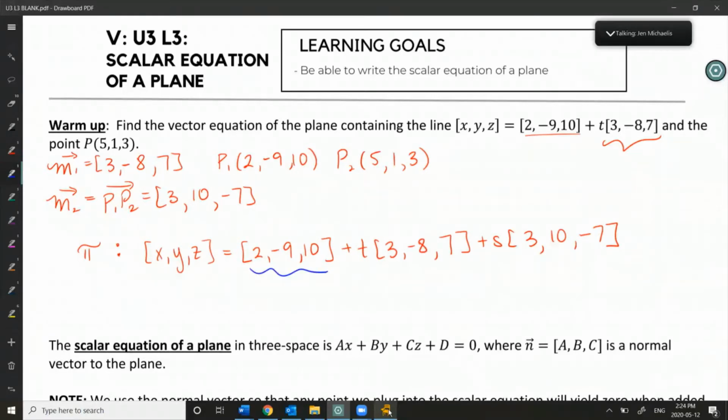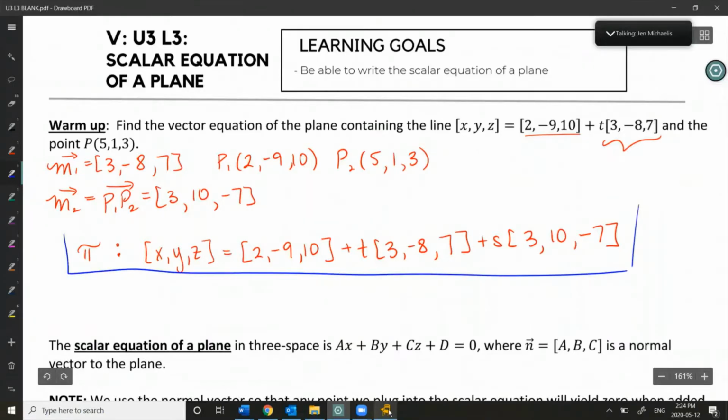You could have also used (5, 1, 3) for this. And then we have two direction vectors that are non-collinear, so they're not the same vector. And we need to multiply them by parameters s and t to generate all the possible points that could be on this plane. So there's your solution.